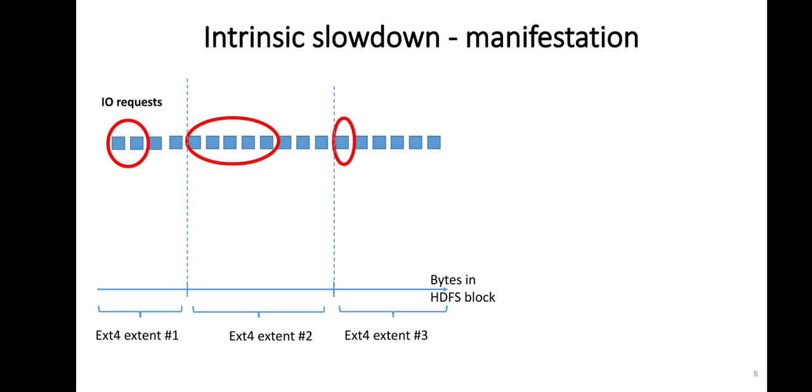Intrinsic slowdown refers to the fact that a number of I/O requests at the start of each of the file system extents are read slower than the rest of the I/O requests in an extent. If we were to depict read throughput at the very high level, it would look like this: lower for the affected I/O requests, the ones encircled in red, and larger read throughput for the rest.